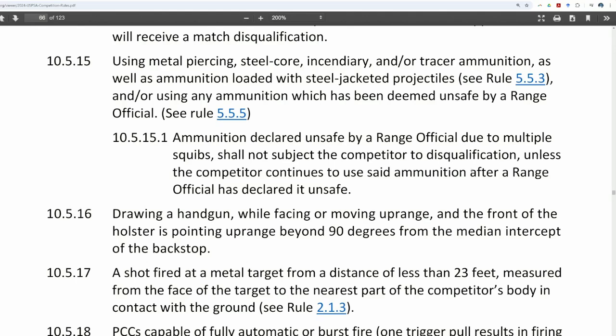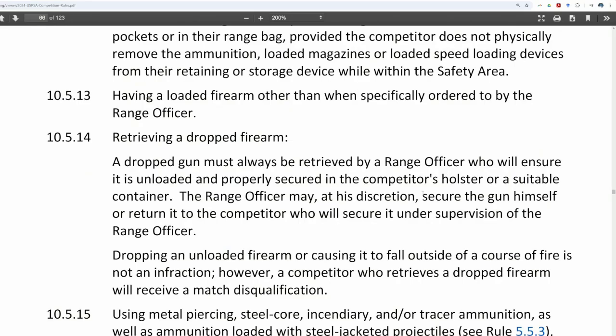So we'd have to, as an RO and as a community, be telling people that if you're an appendix carry person and you're lining up on the weak side as a start position, hey, be careful. If you're going to start in that position, you better be damn careful not to point your gun in the wrong direction.